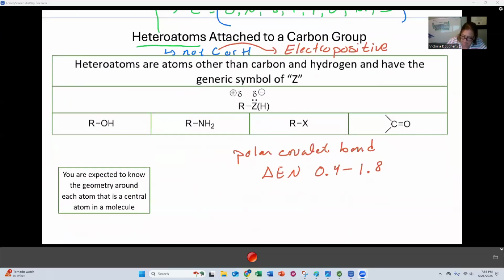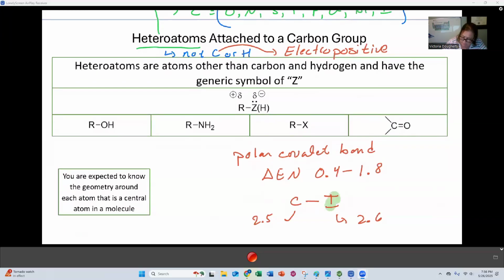And yet if I look at carbon and iodine, carbon has an electronegativity value of 2.5, iodine is 2.6, but because iodine is electronegative, and carbon is electropositive, we don't really focus on that difference anymore. We look at what's bonded to carbon.